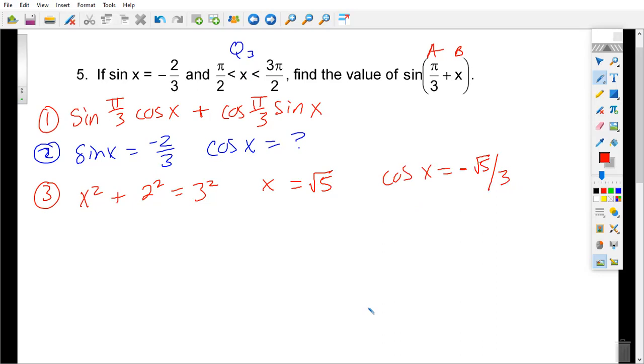Do we have everything to plug in now? Yes, so now we plug in. Plugging everything in, sine of pi over 3. I can simplify as I do it. What is the sine of pi over 3? Think of your unit circle. 60. And what is the y at 60?